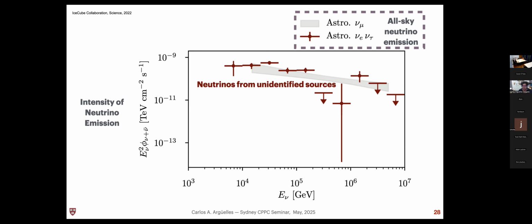Those are cascade measurements. And then this black or gray bar that you see here is measurements using track events. So those represent the all-sky neutrino emission inferred by IceCube data. Most of these neutrinos are actually not associated with any particular source, so they have unidentified neutrino sources.